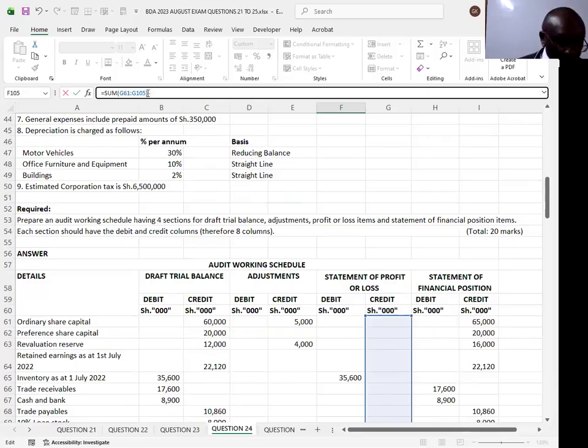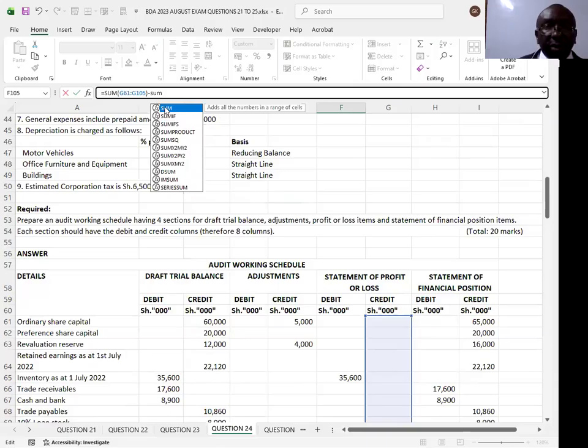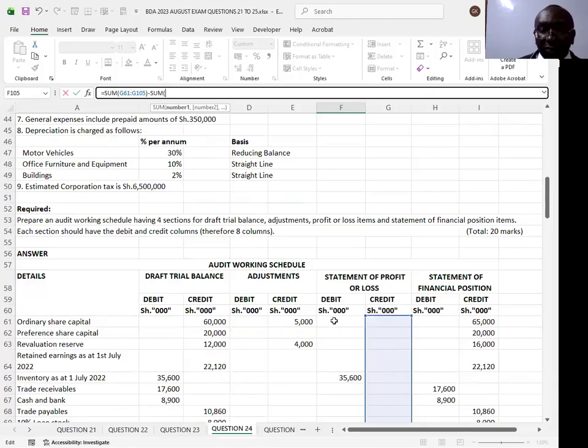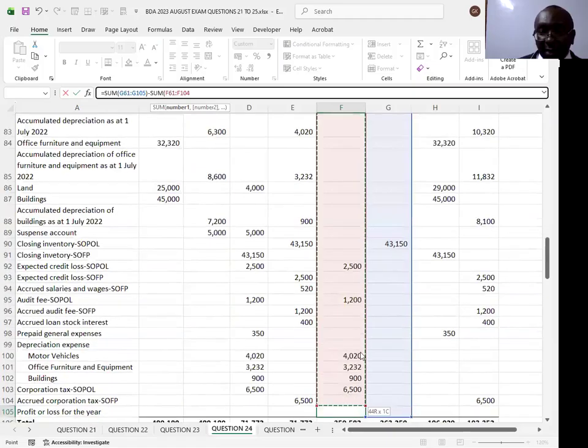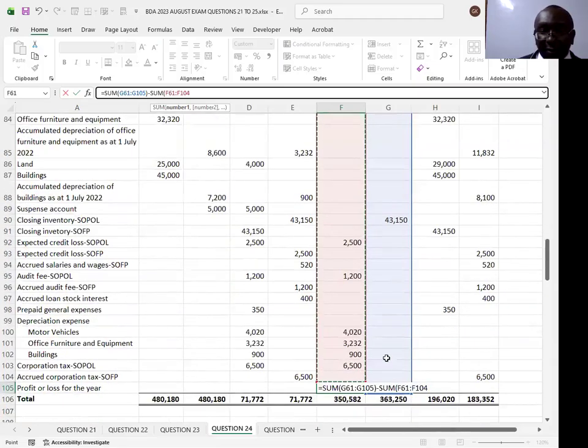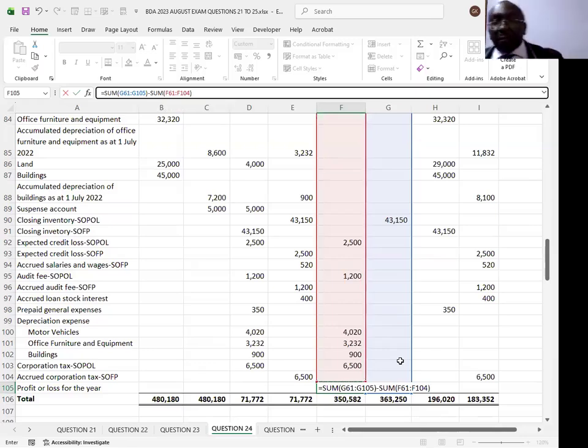Then you minus sum. Now sum nitachukua kuanzia hapa mpaka hii. Hiyo ya 104. Close the brackets, press enter, niambie how much you are getting.